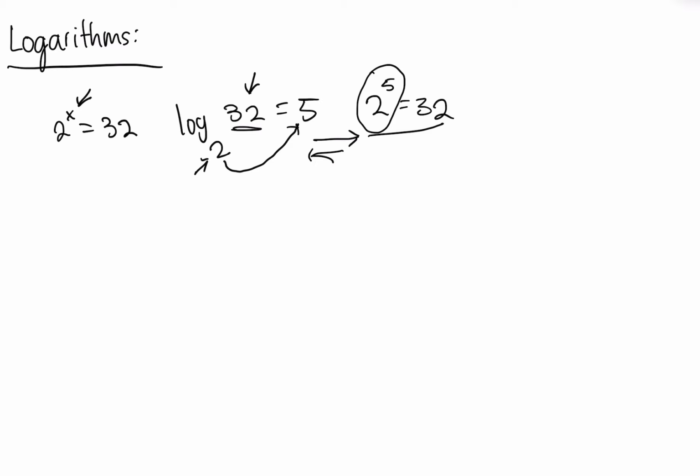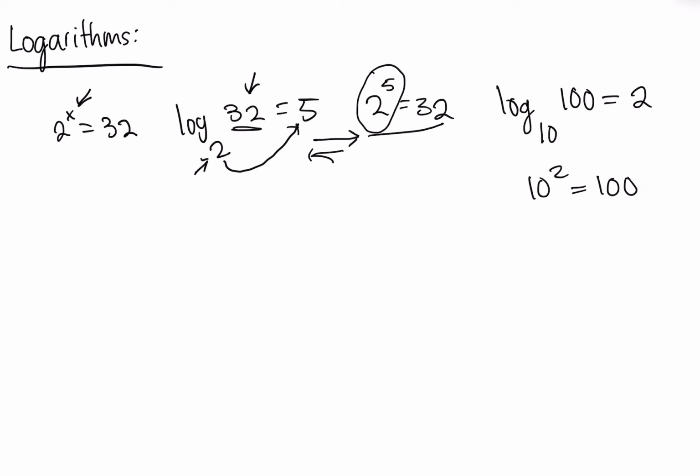Just so you know, by the way, if you see a log and there's nothing in the base, so let's say we have log of 100, the answer to this would be 2, because if there is absolutely nothing in the base, we assume that it is a 10. Because 10 to the second, if we move this up here, 10 to the second is equal to 100.